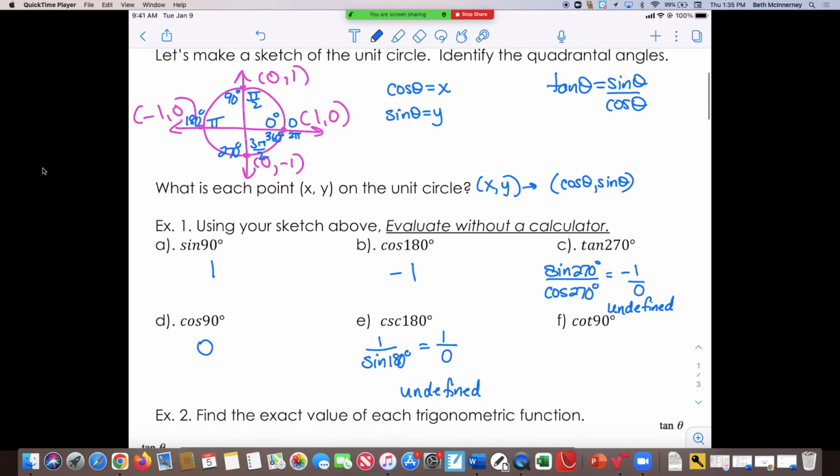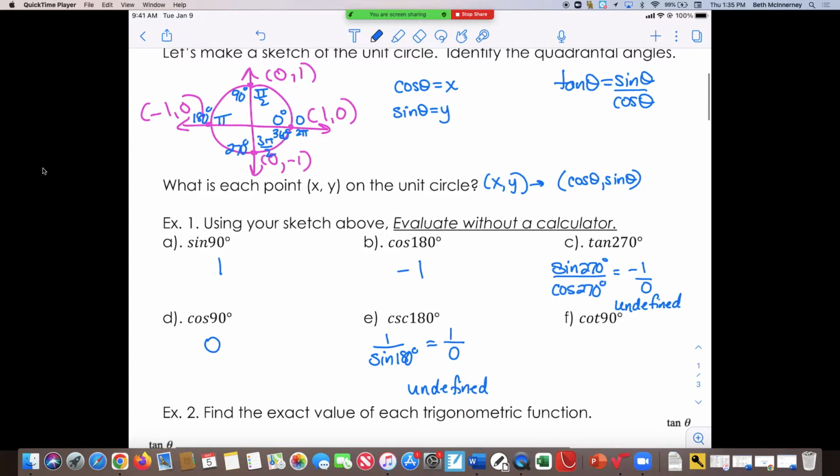All right, then Wyatt with letter F, cotangent 90 degrees. What can you tell me to get started with this one? I started by going to 180 degrees and doing the x and y. Mm-hmm. So what do you know about cotangent?